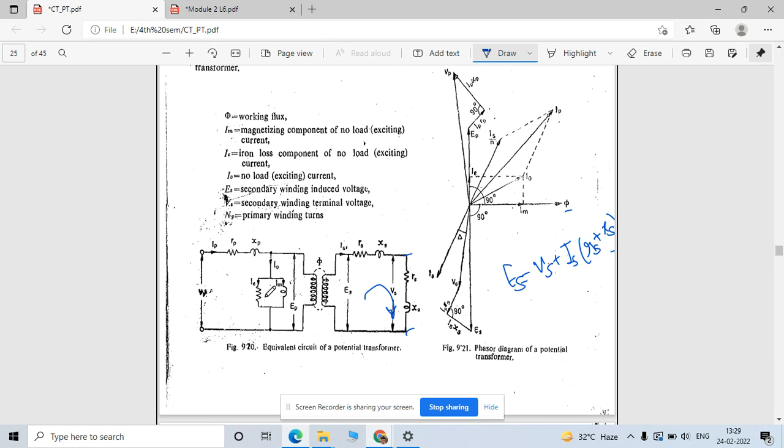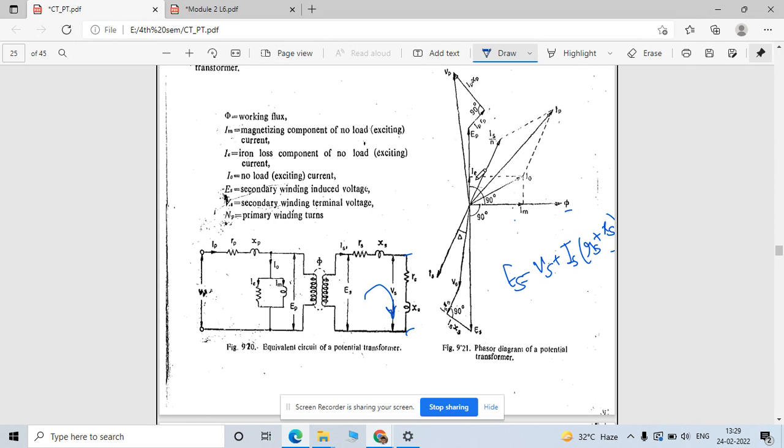This current is very small compared to the magnetizing component, almost 80 to 90% of the no load current share is this magnetizing component. That's why the magnitude you can see here is higher compared to this wattful component. So this is your net no load current component.